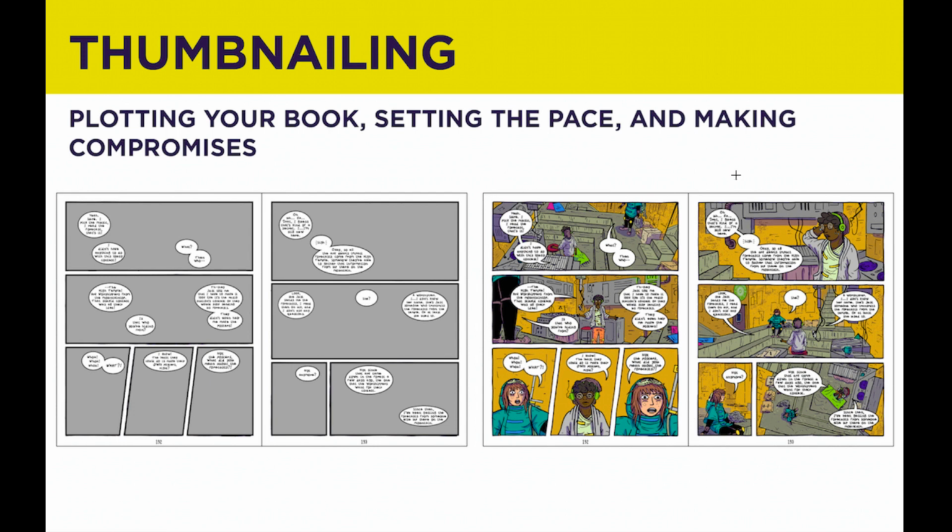I will look it over, I will do a little bit of editing, and once I feel like it's in a pretty good place, I will break up that script into word balloons. Again, before I've done any artwork at all, I will break up that script into word balloons.